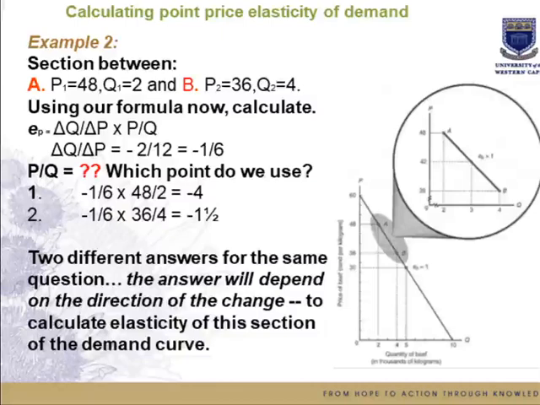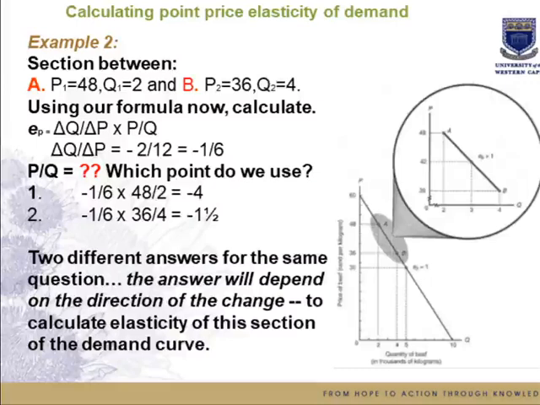Suppose at the price of 48 Rand, quantity demanded of beef is equal to 2000 kilograms. Then if the price of beef falls to 36 Rand, the quantity demanded of beef would increase to 4000 kilograms. Now, we are being asked to calculate the price elasticity of demand using the point method.